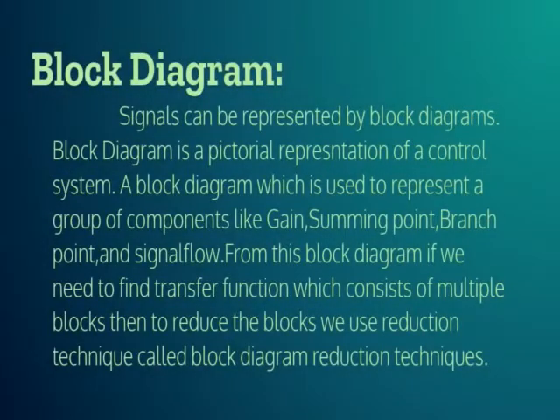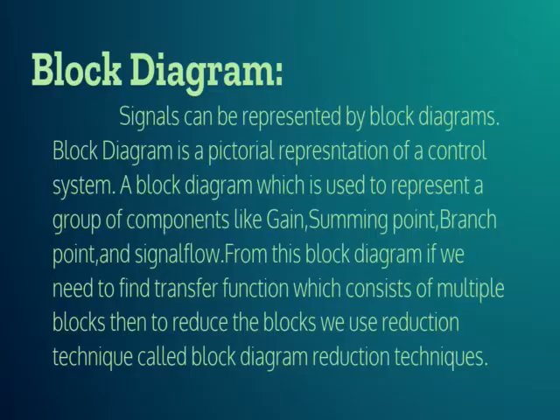Before going to the topic, we'll see what a block diagram in a control system is. Signals can be represented by block diagrams. A block diagram is a pictorial representation of a control system. It is used to represent a group of components like gain, summing point, branch point and signal flow.